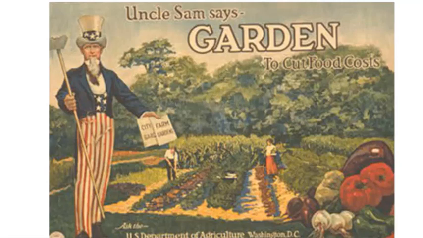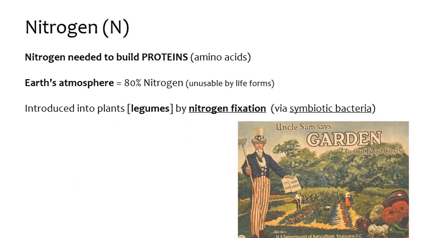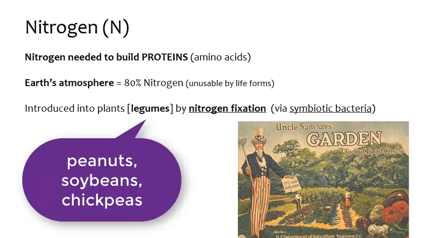During times of war, fertilizers are in short supply because fertilizer manufacturing is also used in making bombs. The nitrogen-fixing capabilities of legumes is also the reason why these are such a high-protein food. Peanuts, soybeans or tofu, and chickpeas are all examples.